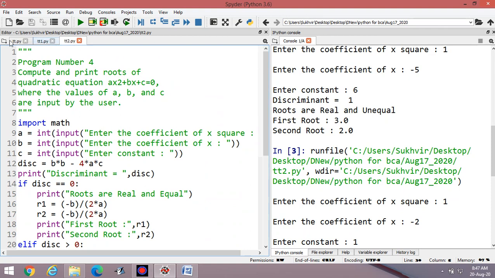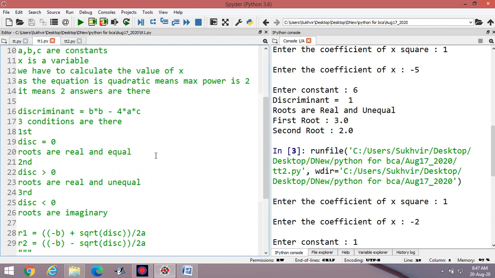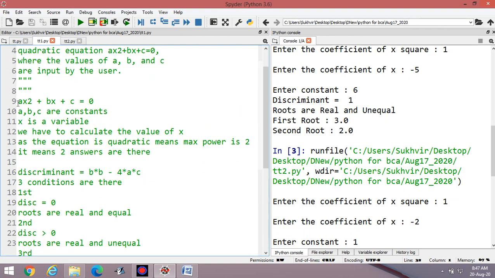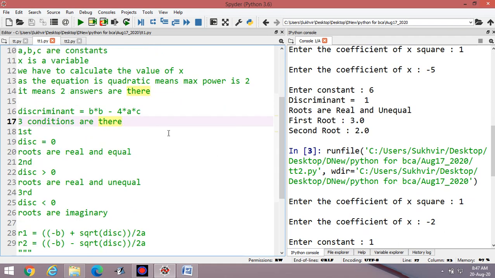I repeat again. The first content is the basic quadratic equation. ABC, these are constants and x is a variable and we have to calculate the value of x. As the equation is quadratic, it means two answers are there. Now you have to calculate the value of discriminant. After the calculation of discriminant, three conditions are there.